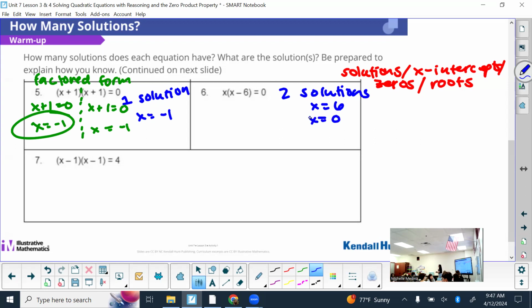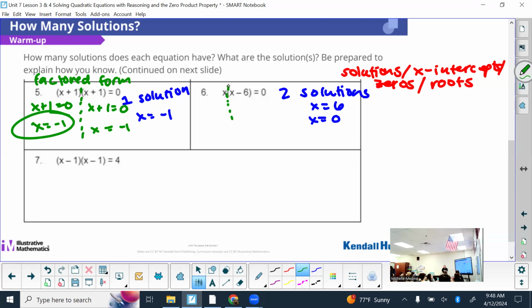That you knew from remembering the pattern in unit 6. The zeros were always like opposite of these signs. And then if one of them was just x, then one of the zeros was 0. Here's how we think of it algebraically. This is multiplying to give me 0.